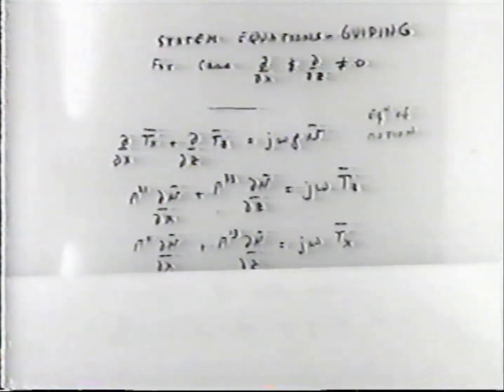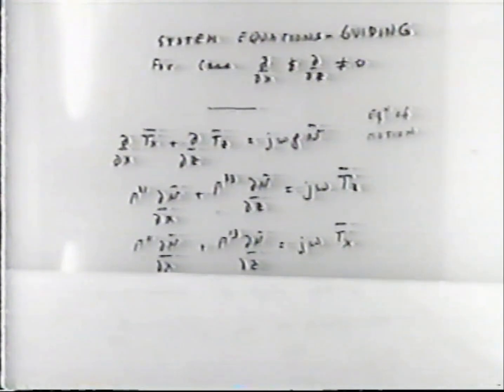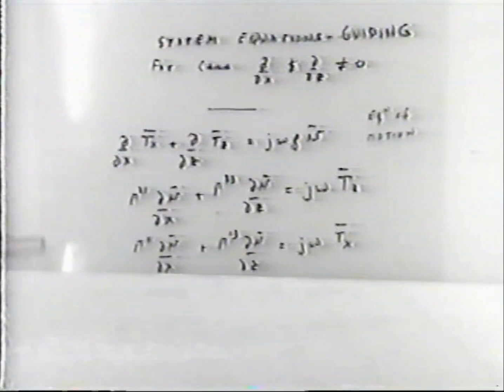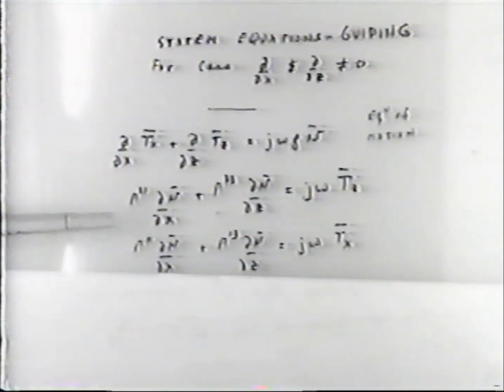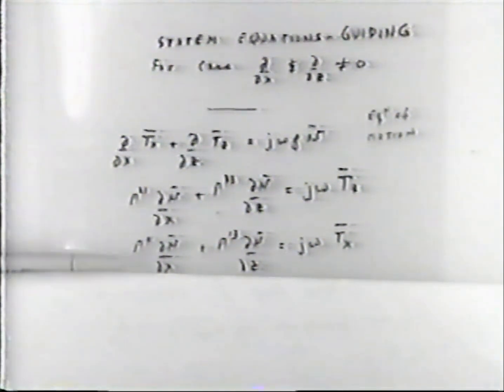Well, if you go through the things we did last time and retain both these derivatives as non-zero, you end up with this is what happens to the equation of motion, and the strain relation can be written as these two equations.